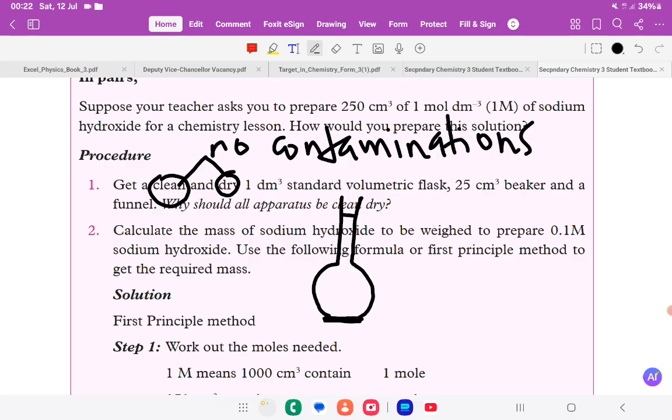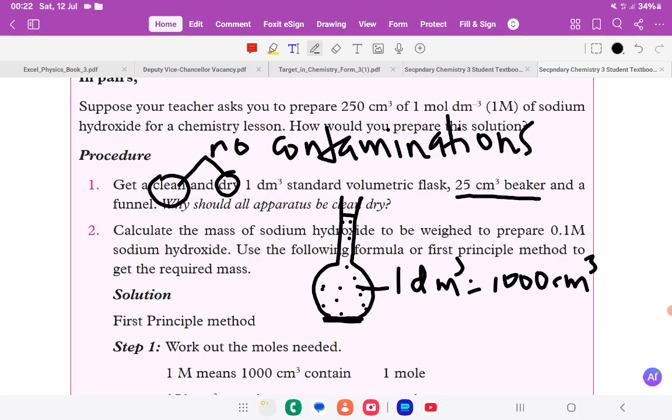It has a mark, and when filled with a solution up to the mark, it holds 1 cubic decimeter of solution, or 1000 cubic centimeters of solution. Apart from the volumetric flask, you should also have a 25 cubic centimeters beaker.